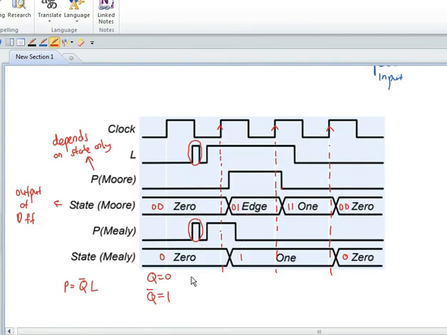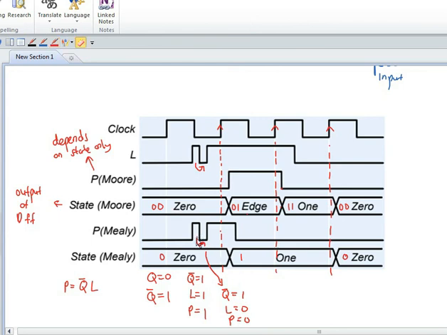Why? Because now your Q bar is 1 and your L is 1, so of course your P is going to be equal to 1, because P equals Q bar L. So you go to 1 immediately. But when your L drops to 0, you also drop to 0 immediately, because now your Q bar is 1 but your L is 0, so your P must be 0.